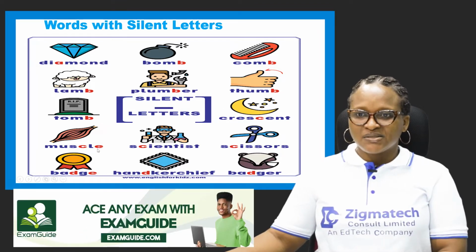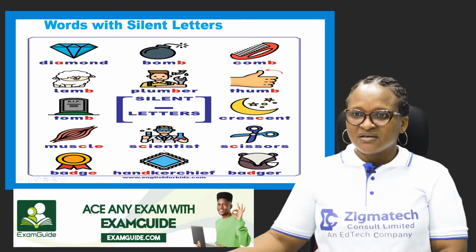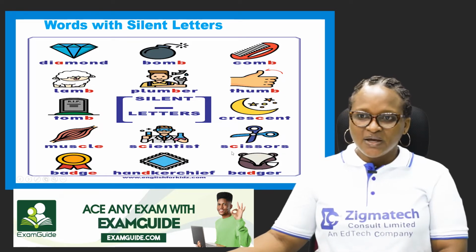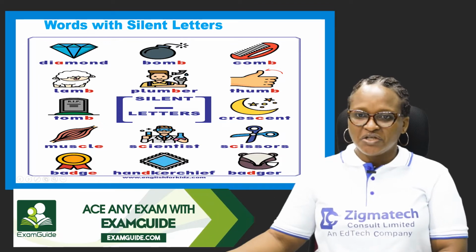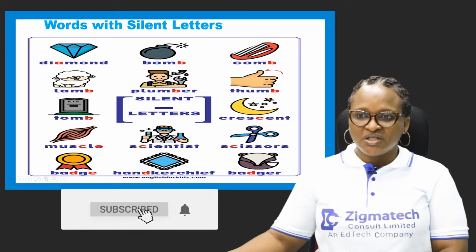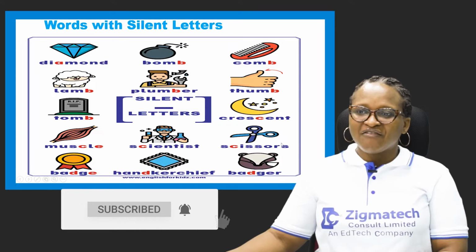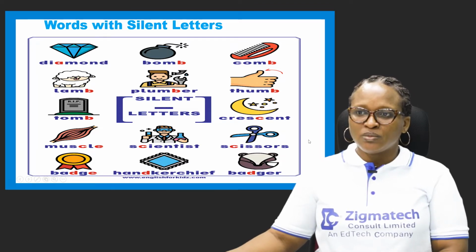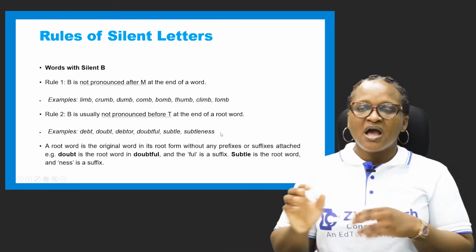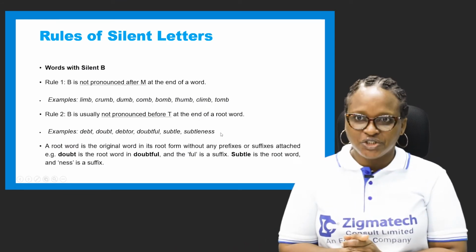Look at the words muscle, scientist, the C is silent. Scissors, the C is silent. Handkerchief. We have the badger and we have badge. So all these letters are silent at the point of pronunciation.